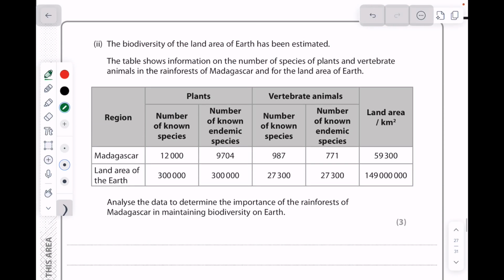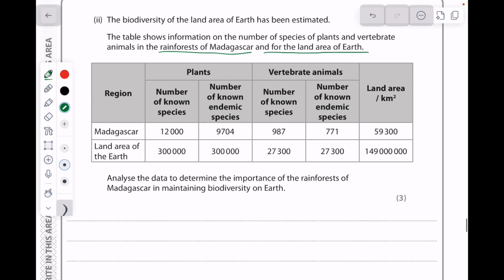Okay, the biodiversity of the land area of Earth has been estimated. The table shows information on the number of species of plants and vertebrate animals in the rainforests of Madagascar and for the land area of Earth. Okay, so we've got two regions. So I always read a table from the left and moving then towards the right.